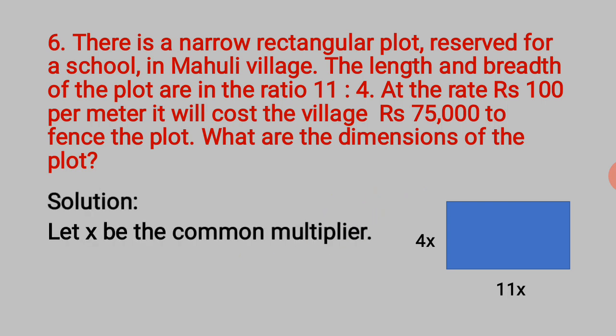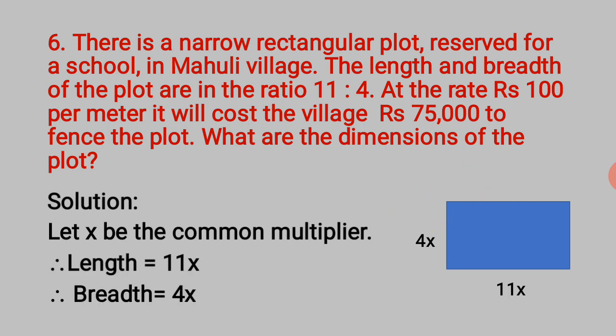Solution: let x be the common multiplier, length equal to 11x and breadth equal to 4x. Now, we are supposed to do the fencing of it. Fencing is always done on the periphery, that is on the perimeter, around it. It's never inside. So all around we are making the fence.